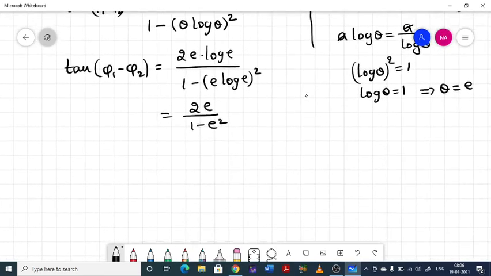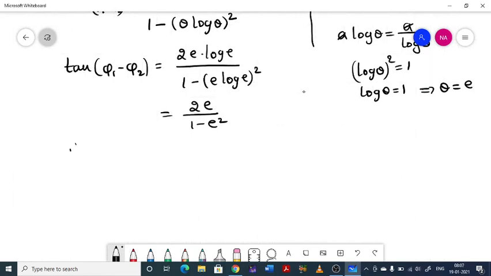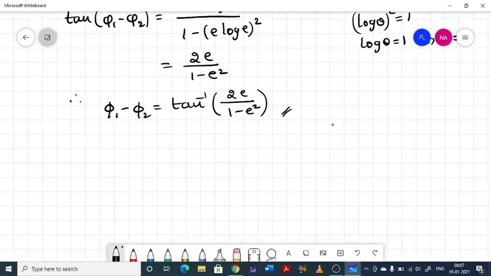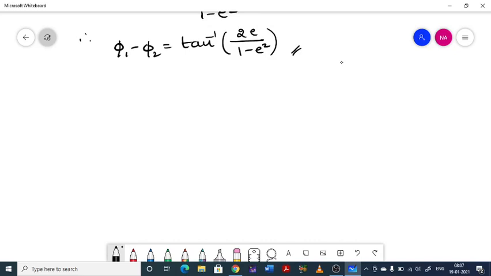Hence phi 1 minus phi 2 equals tan inverse of 2e divided by 1 minus e square. So that completes the solution. Only that problem is a bit difficult.